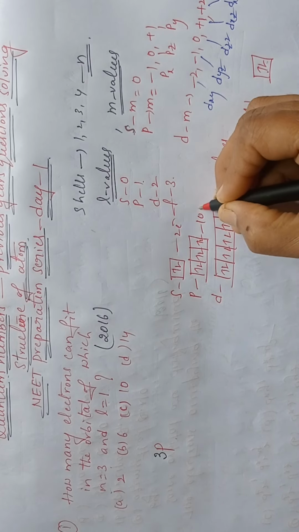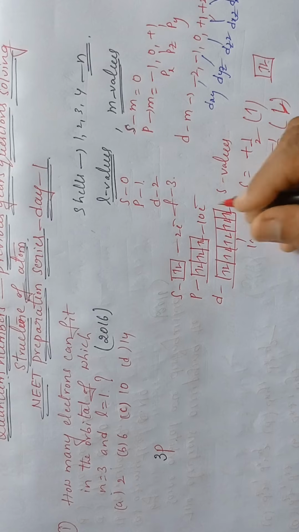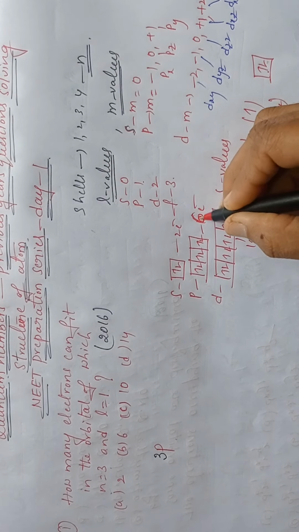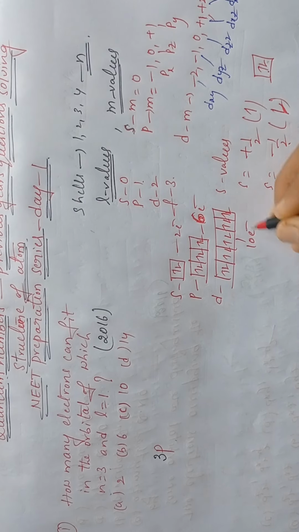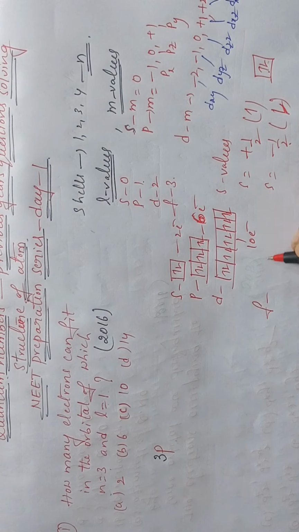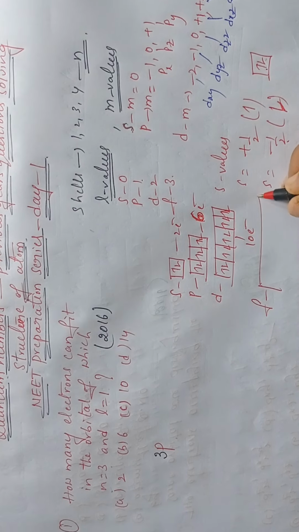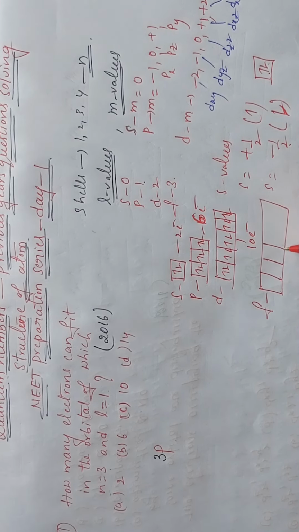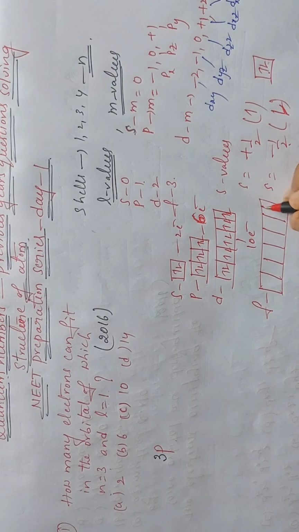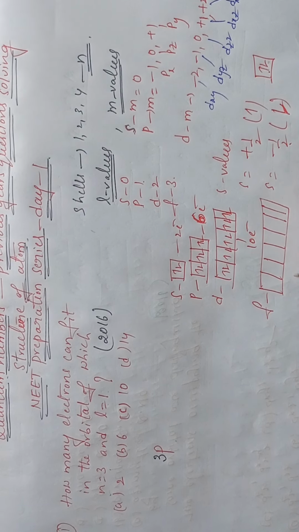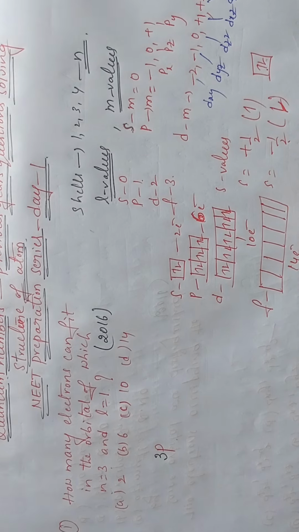So 2 electrons, 6 electrons, and 10 electrons. In the f subshell, total 7 orbitals, so 14 electrons will be there.